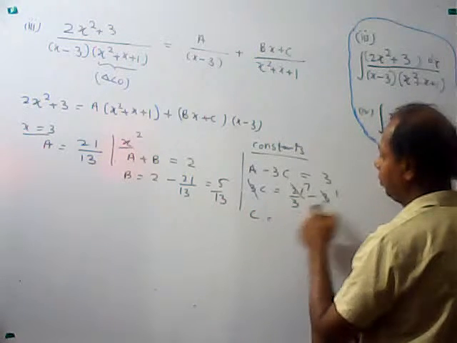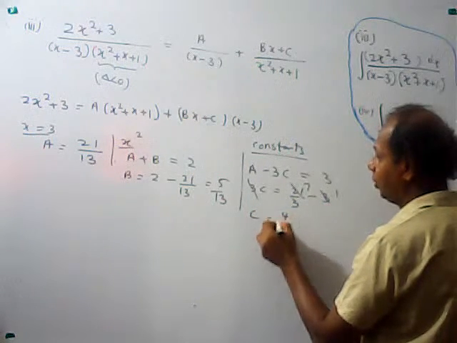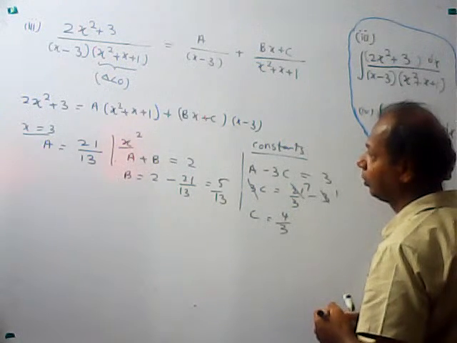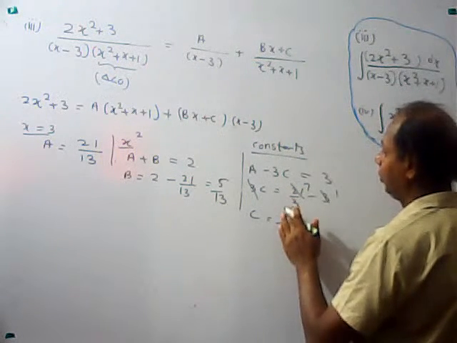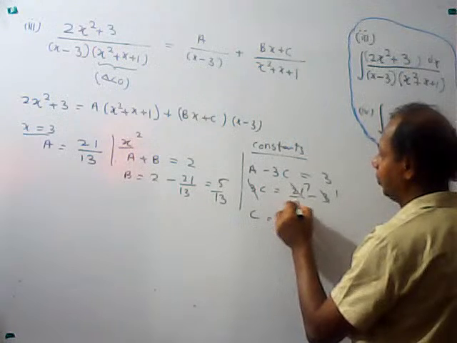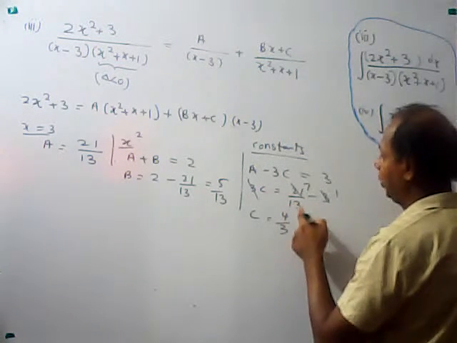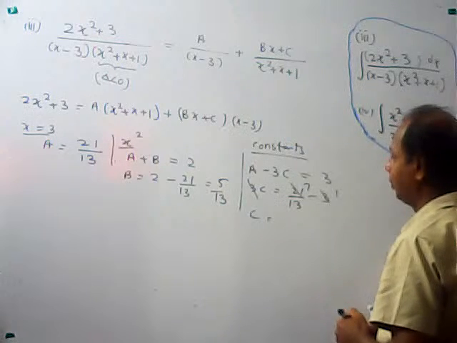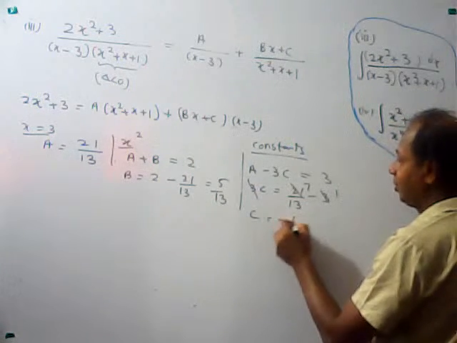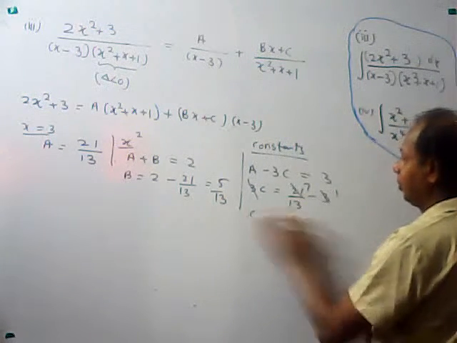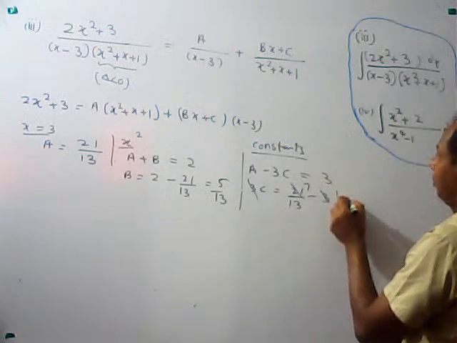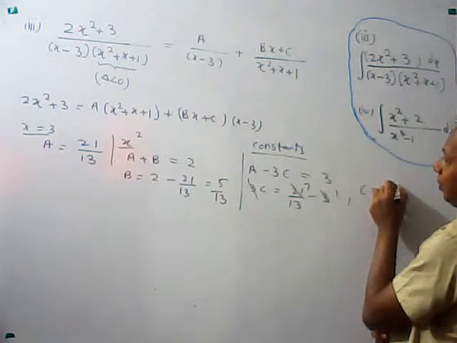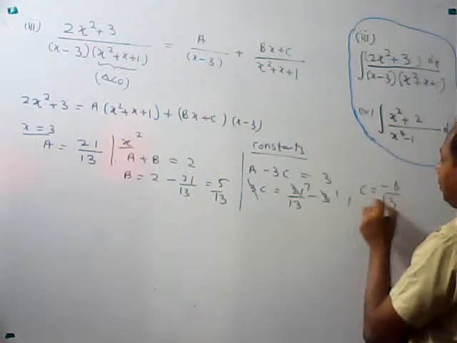Anyway, then 7 minus 13. That will be minus 6 over 13. C will be equal to minus 6 over 13.